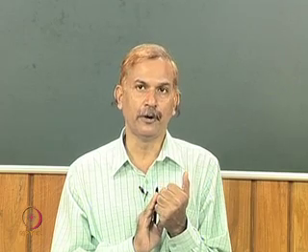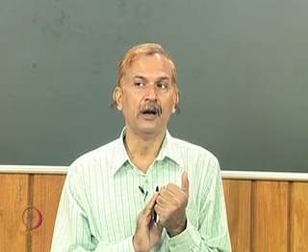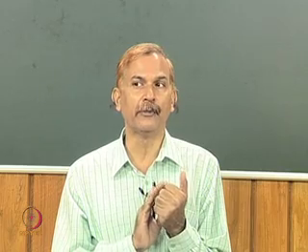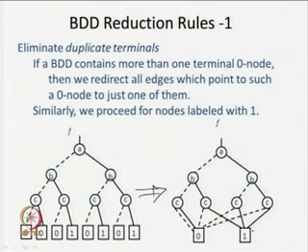If we have a function of n variables, then in BDT we get 2 to the power n terminal nodes, but in BDD we can represent these 2 to the power n terminal nodes by only 2 terminal nodes. So, there is a massive reduction. We need to have only 2 terminal nodes when we talk about BDD. This is one reduction rule, elimination of duplicate terminals.